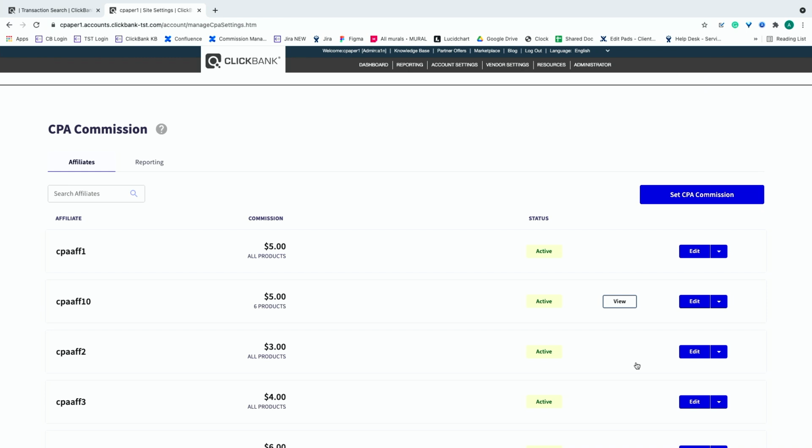The reason that restriction exists is we have a fail-safe in this experience where if an account balance goes negative, we turn CPA off and all those affiliates earn revenue share instead. When you say account balance, you mean from the seller paycheck reporting, their rolling balance, right? Yeah.